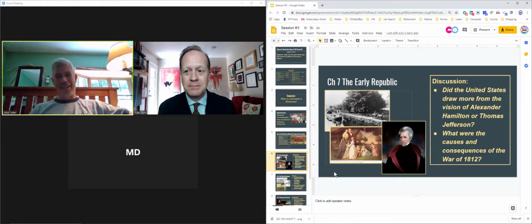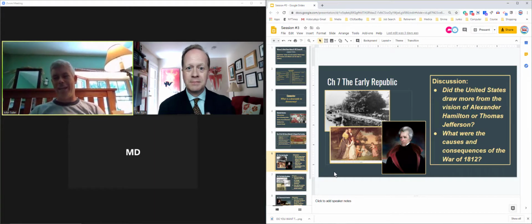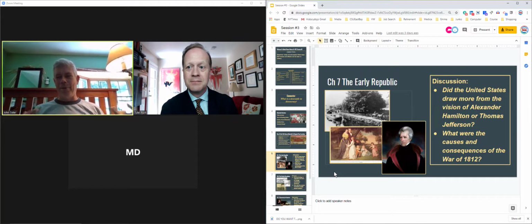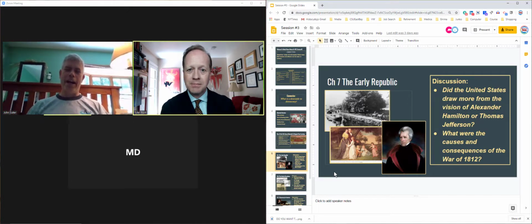I would say that we drew more from Alexander Hamilton, where I believe and usually say Hamilton is the skeleton and muscle system of America, and Thomas Jefferson is the spirit or will of America, the hope for.